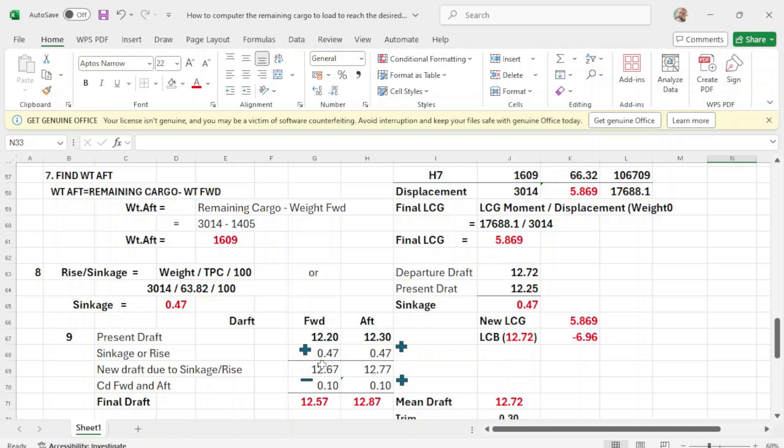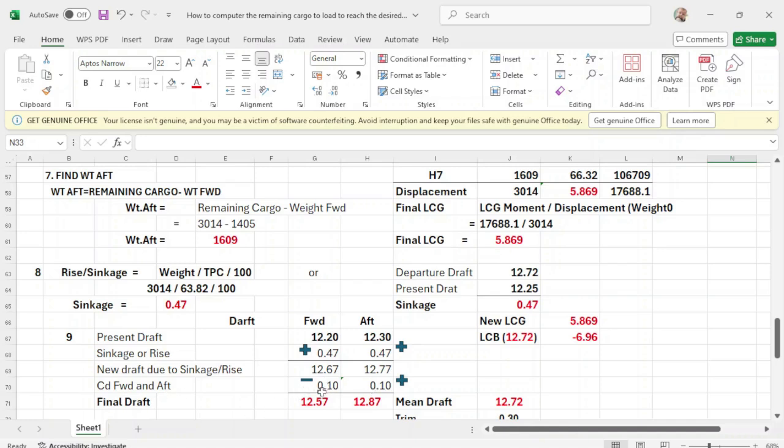So you put 0.47 here, put 0.47 here. The vessel will sink because of the weight, so you have to add. So add 12.20 plus 0.47, 12.30 plus 0.47, then you have new drop due to sinkage of 12.67 and 12.77.